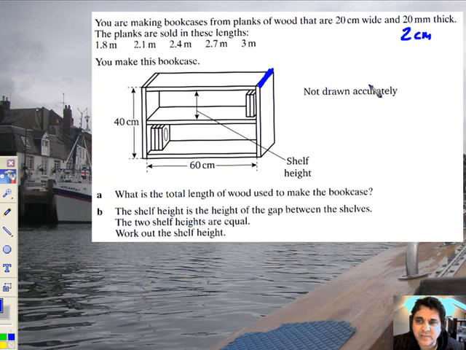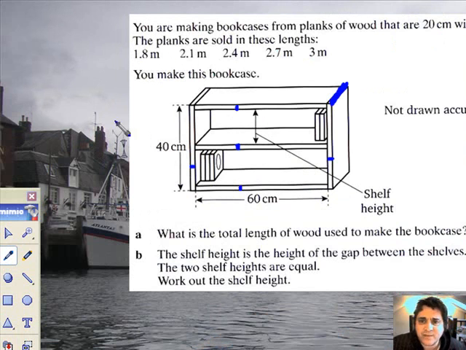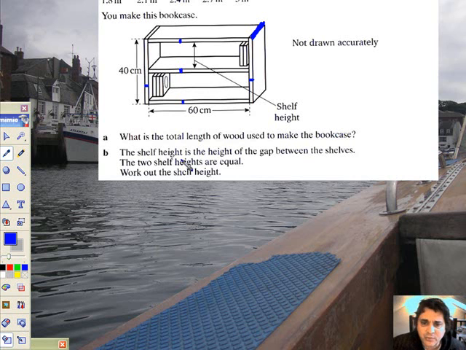In other words, 2 centimeters. So each of these little bits of wood are 20 millimeters thick, or 2 centimeters in blue. Alright, so I've color coded it. And planks are sold as follows. You're making this bookcase. What is the total length of the wood used to make the bookcase?